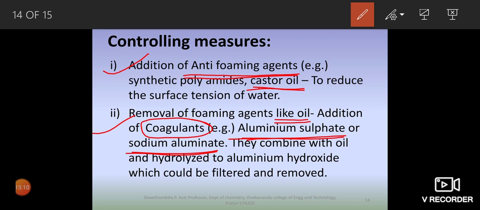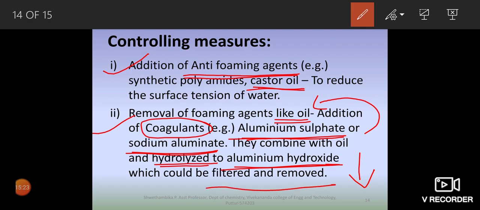What happens, this aluminium derivative would be reacting with the oil and further undergoes hydrolysis to give aluminium hydroxide, which would be undergoing precipitation, so filtered and removed. So here two controlling measures are adopted. One is usage of anti-foaming agent, another is removal of the foaming agent, that is oil.